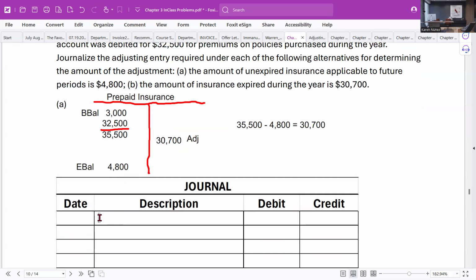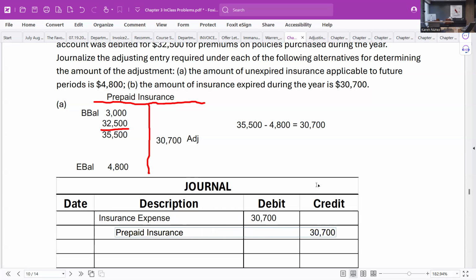So our adjusting entry, again, same thing we did in the last exercise: debit insurance expense for 30,700, and we credit prepaid insurance for 30,700.